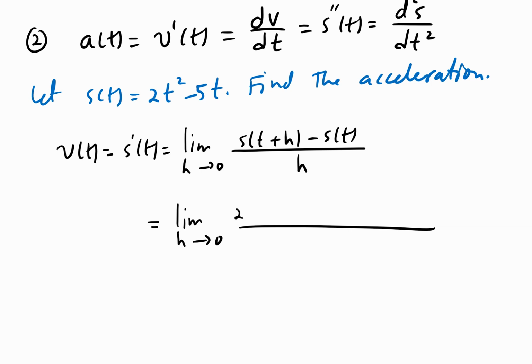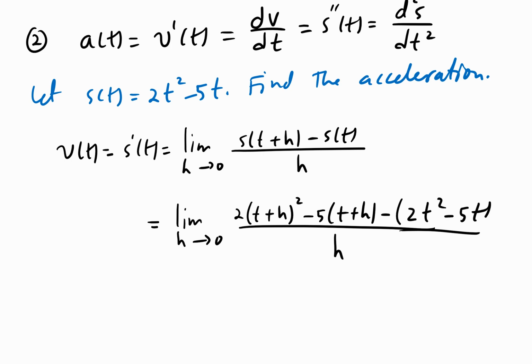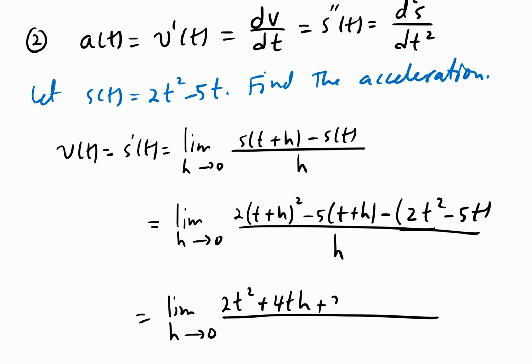So that's 2 times t plus h squared minus 5 times t plus h, minus the whole function 2t squared minus 5t, over h. Limit as h goes to 0, 2t squared plus 4th plus 2h squared minus 5t minus 5h minus 2t squared plus 5t. A lot of algebra work involved.